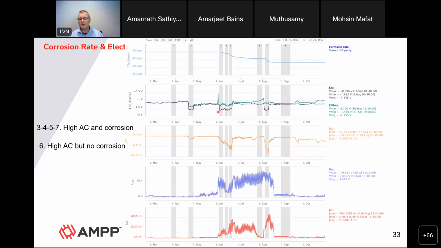But we start seeing that initially when we have a high level of AC and still a moderate level of cathodic protection, we don't see any corrosion. But then we add more cathodic protection, just a little bit. We just add 300 millivolts in the on condition. And what happens?